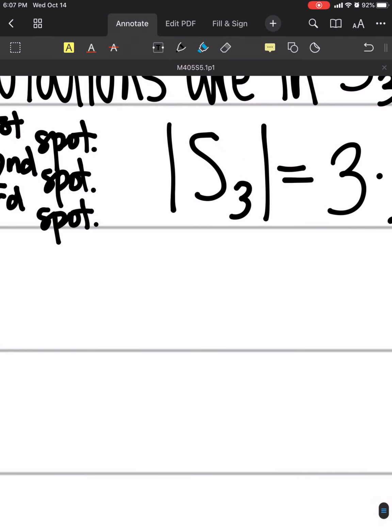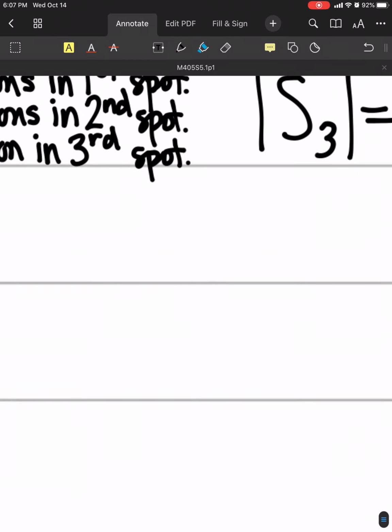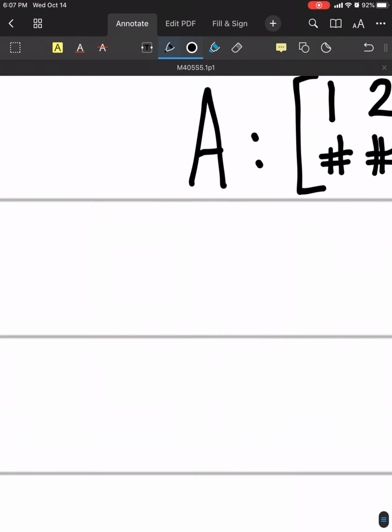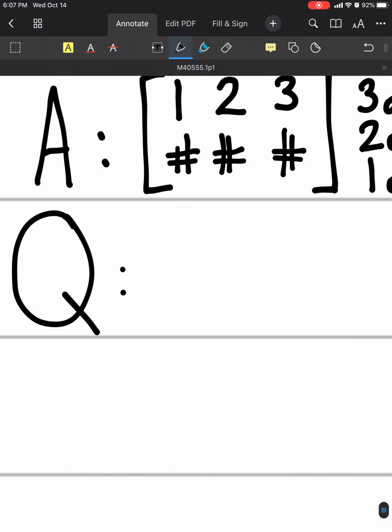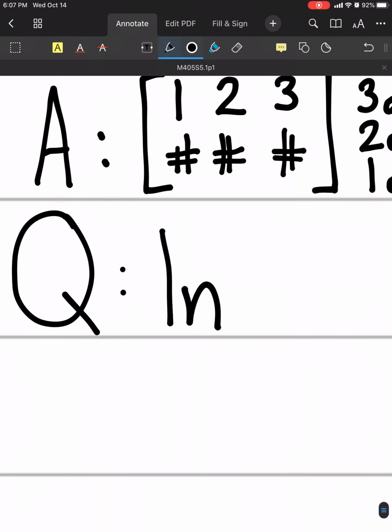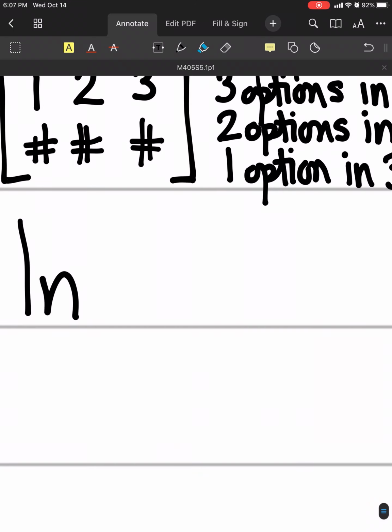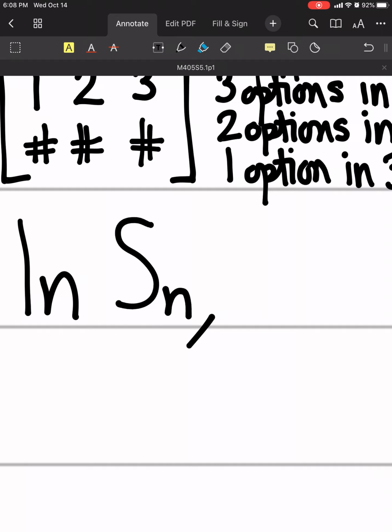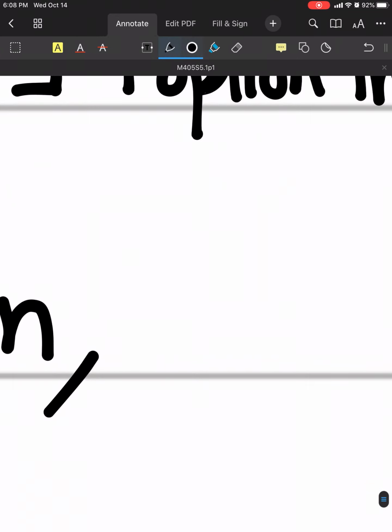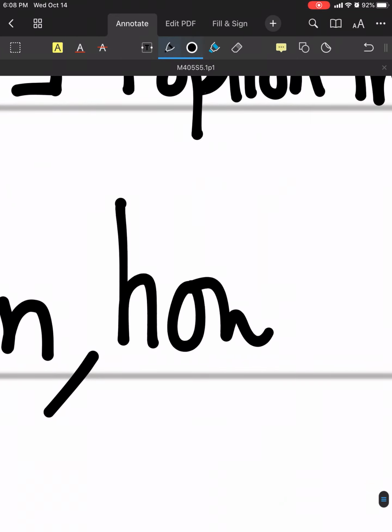And likewise, I know I'm sort of dodging what I originally asked you to do, but in Sn, we would find how many permutations?